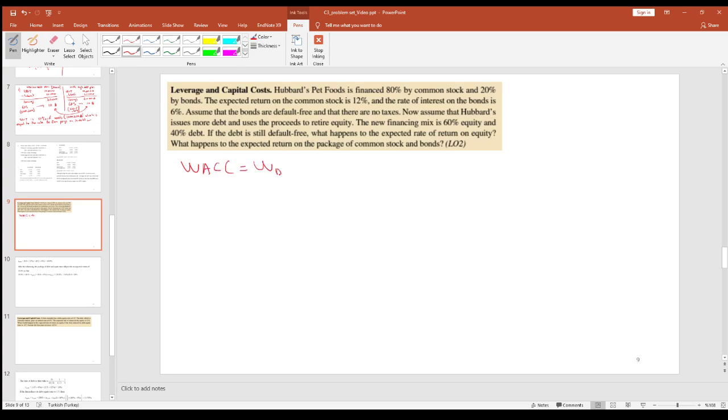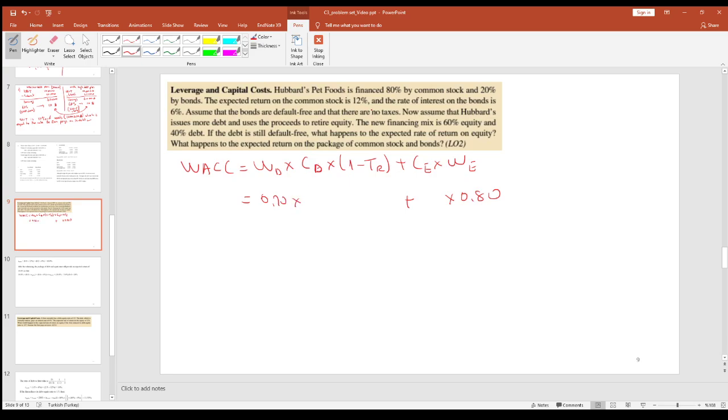So again, weight of debt times cost of debt times 1 minus tax rate plus cost of equity times weight of equity. So plug the figures here. So 80% of common stock here. This is 80% weight of equity. So weight of debt will be 20%.